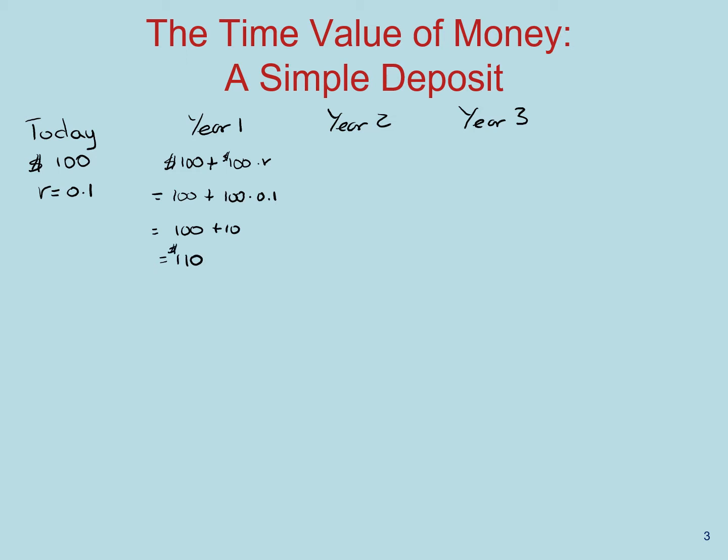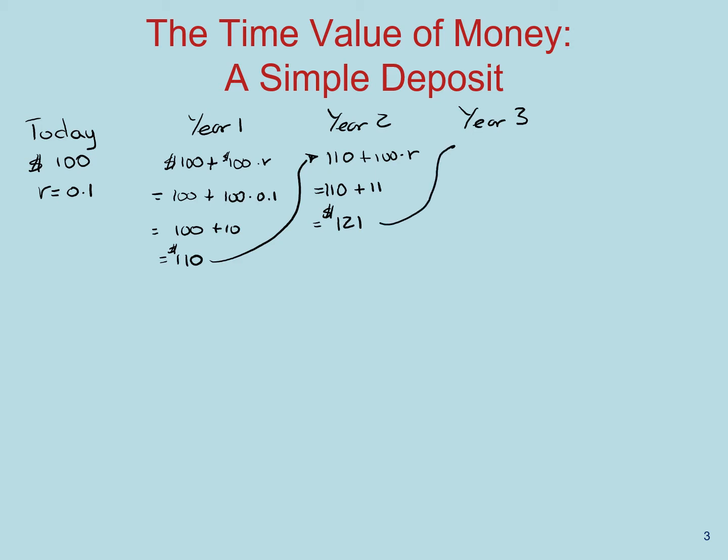Now, again, supposing that we want to leave that balance in year 2, you're going to start with $110 and receive your interest. That's going to be equal to 110 plus 11, for $121 at the end of period 2.